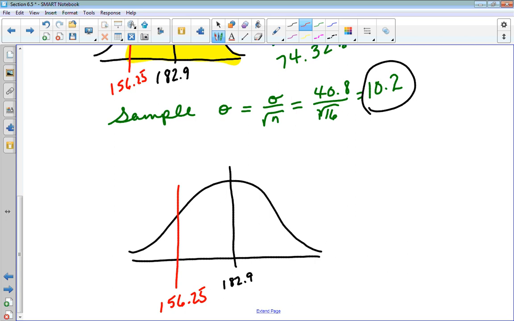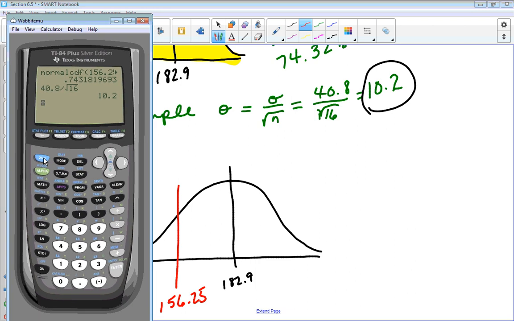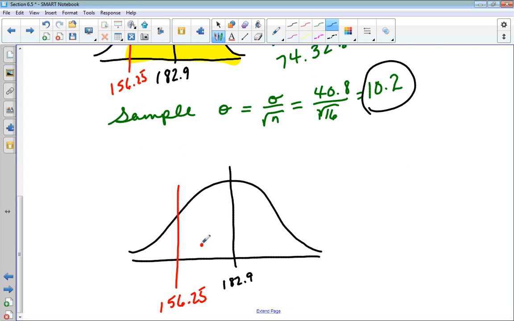So let's bring up our calculator. We're going to go into our distribution again. We're going to have the same with everything except for the standard deviation, and we're going to change that to 10.2. Enter. And wow, didn't that change? 0.9955.